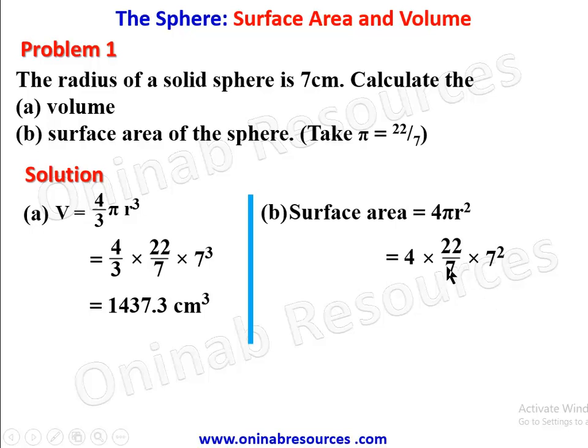One 7 here cancels with the 7 in the denominator, so we now have 7 times 22 times 4, which gives 616 square centimeters, which represents the surface area of the sphere whose radius is 7 centimeters.